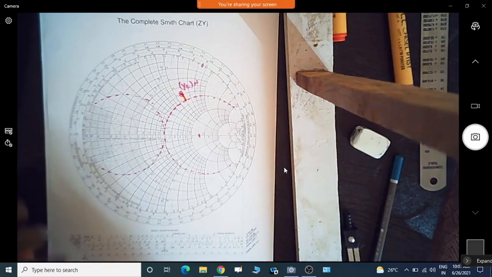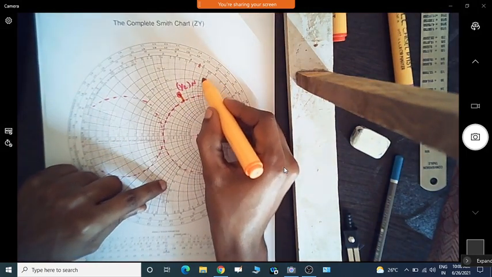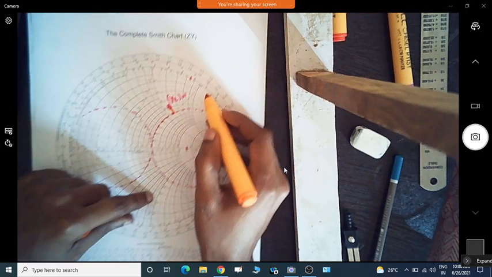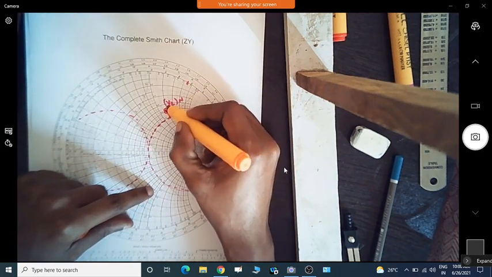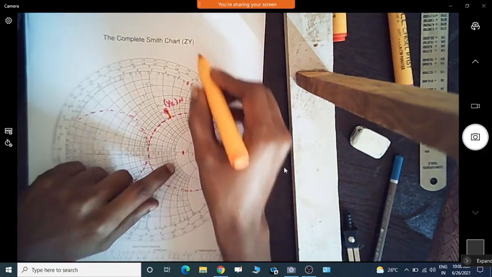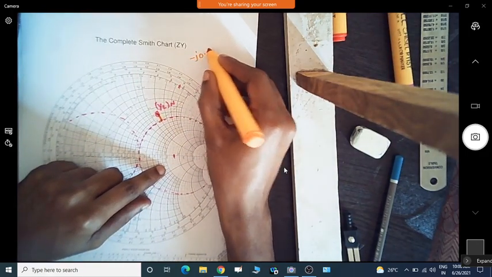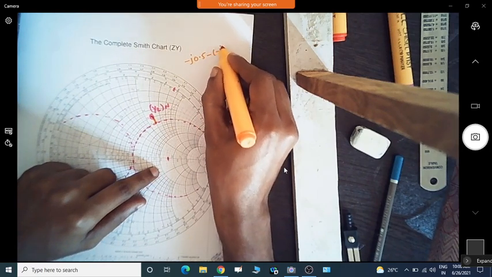Now we need to see how much susceptance is offered by the capacitor. At this point we have the susceptance value minus j0.5, and here we have minus j0.6.